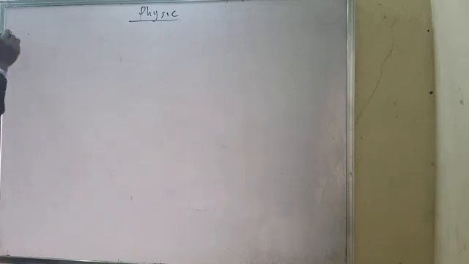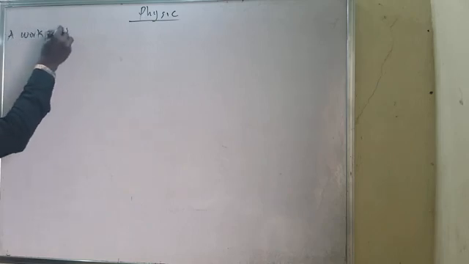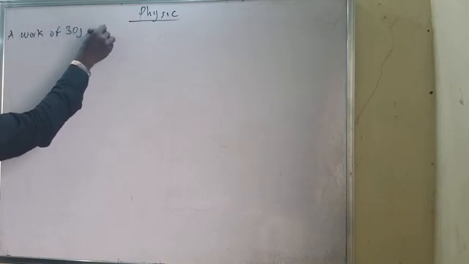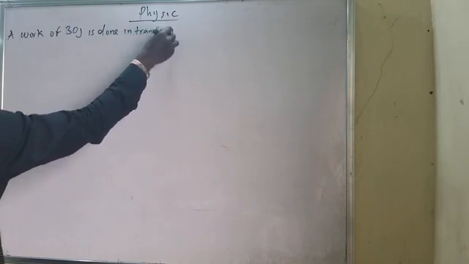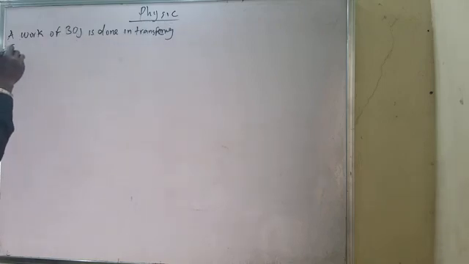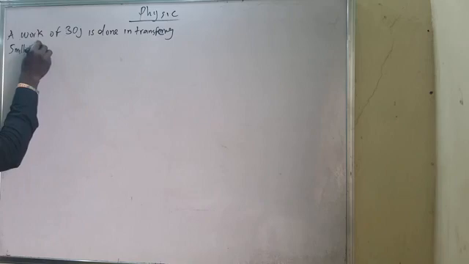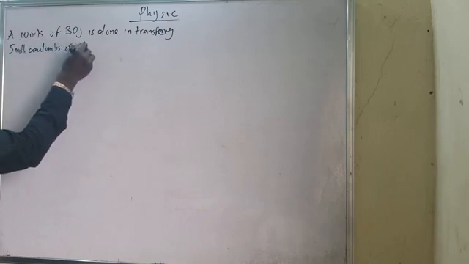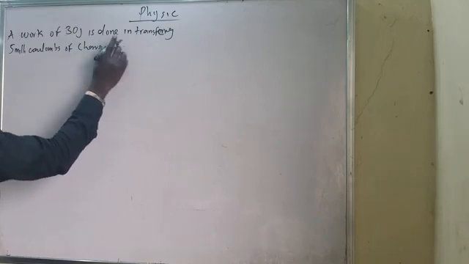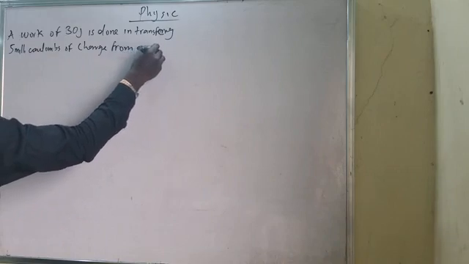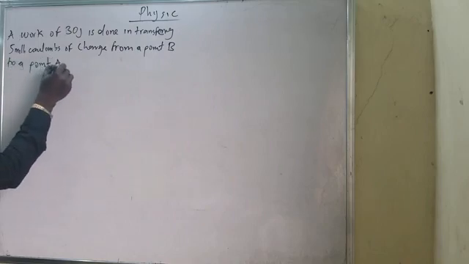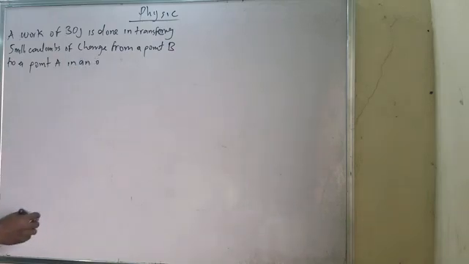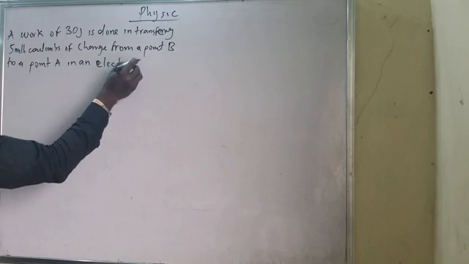Now, a work of 30 joule is done in transferring 5 millicoulomb of charge from a point B to a point A in an electric field.